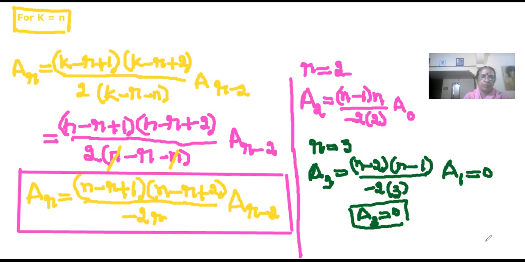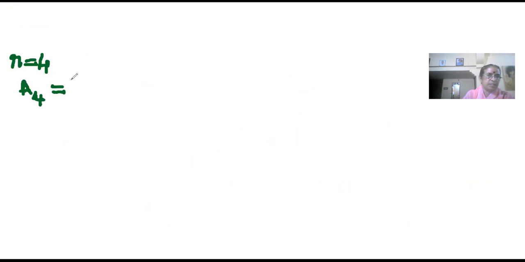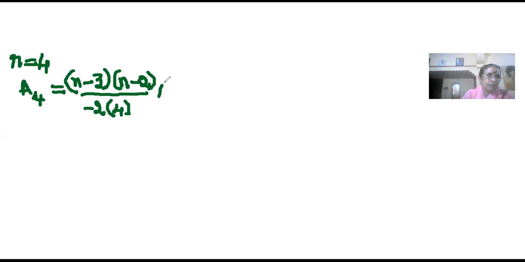A4 equal to N minus 4 plus 1, that means N minus 3, into N minus 4 plus 2, that is N minus 2, divided by minus 2 into 4, into A R minus 2, that means A4 minus 2, that becomes A2.